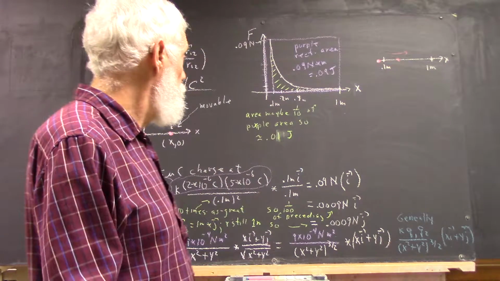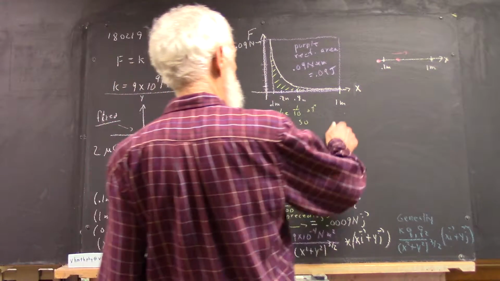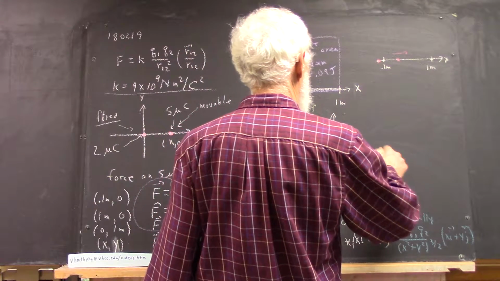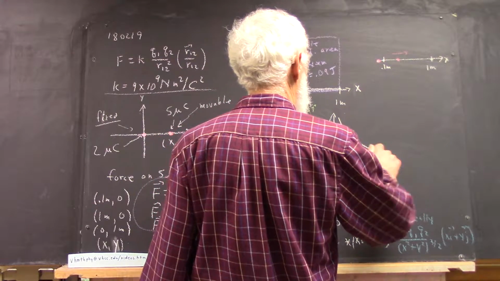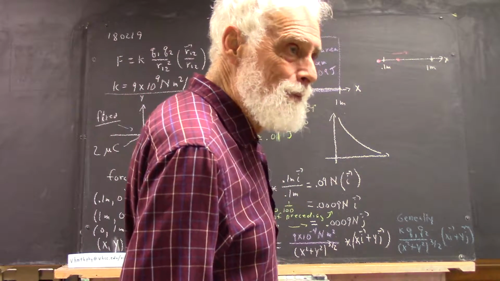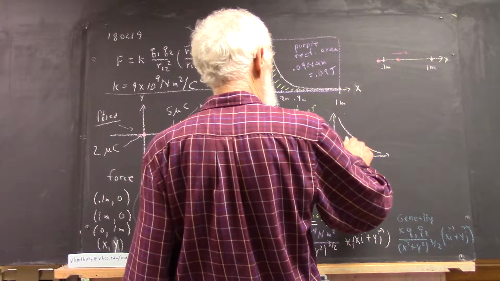Okay, well, let's go ahead and now figure out what to do for the integral. Now, you should go through the reasoning why the integral works. If you have this curve here, and I drew it more like a parabola than like a reciprocal square, because I've been careless, but it's just a representation of the curve.